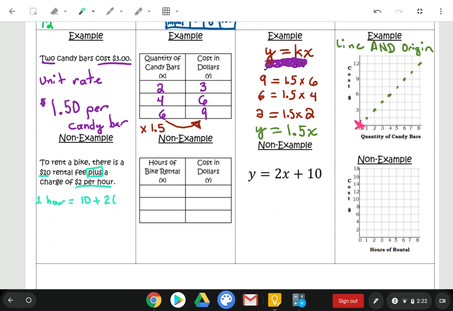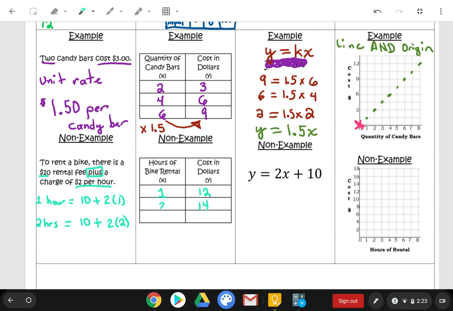I only have 1 hour, so 2 times 1 is 2. So for 1 hour, I'm going to end up paying $12. Let's think about for 2 hours. Okay, I'm still going to have to pay that $10 rental fee, but I'm also going to have to pay $2 an hour for 2 hours. 2 times 2 is 4, plus 10 is 14.